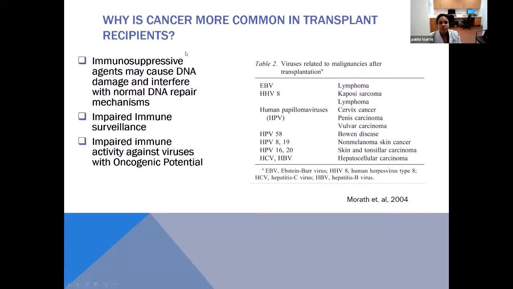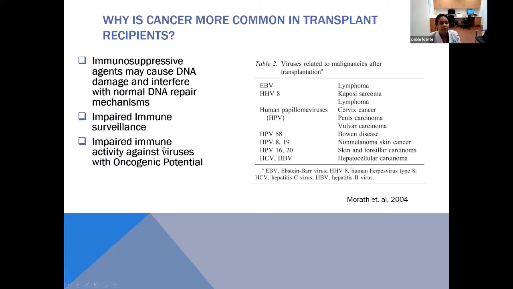So why is cancer more common in transplant patients? First of all, immunosuppression agents can cause DNA damage and may interfere with the normal DNA repair mechanism. In addition, they have impaired immune surveillance. As you know, if the immune system identifies an abnormal cell, it will attack it and eliminate it and clear it out before it progresses.